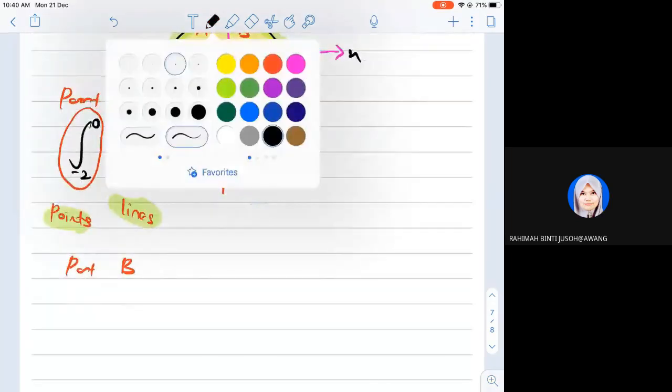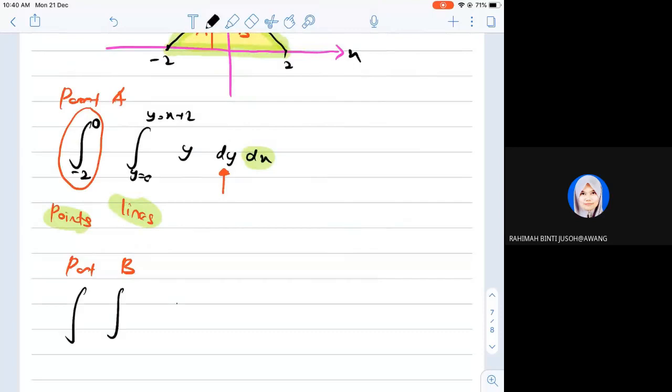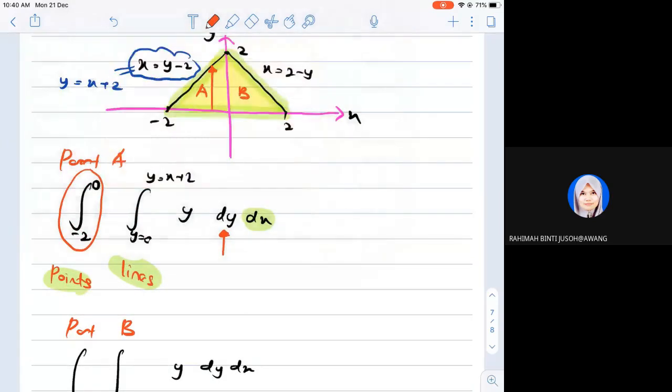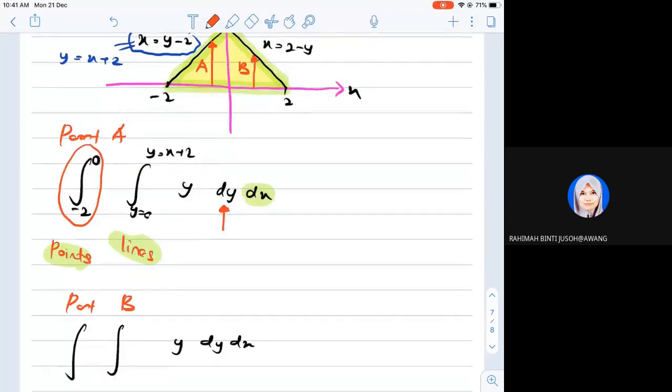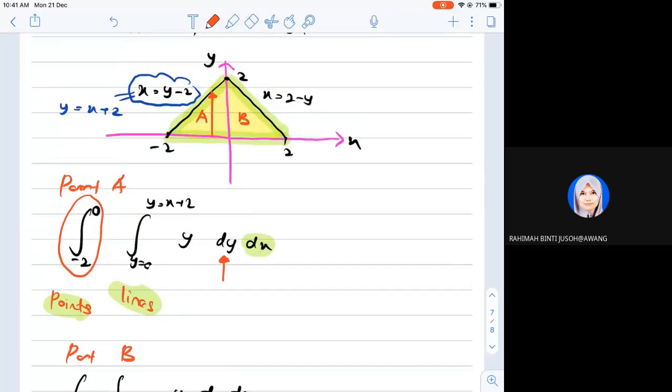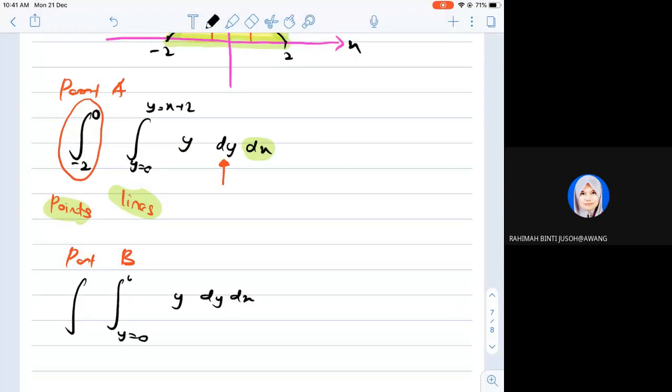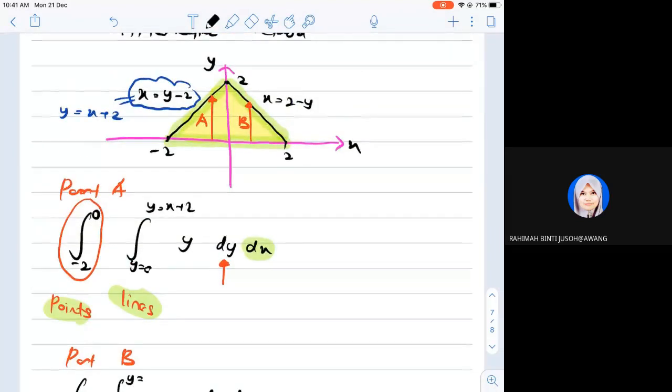Again, we will have this y dy dx. Now the limit of y, dy dx from bottom to top. The limit of y equals 0 until y equals, what's the upper line? 2 minus x.